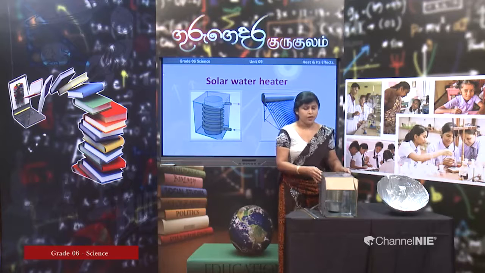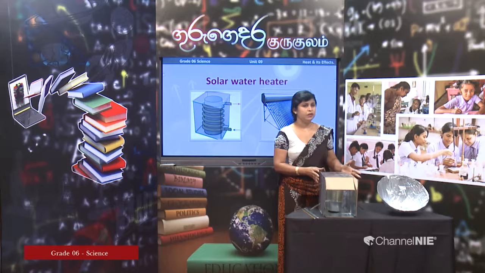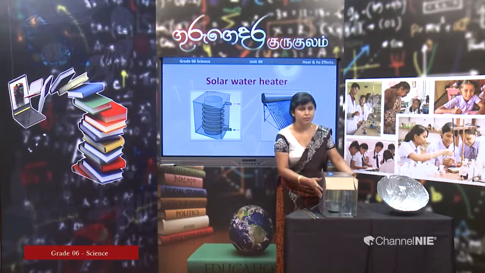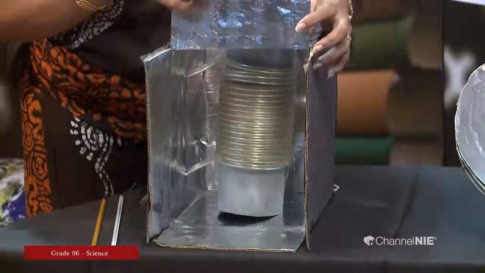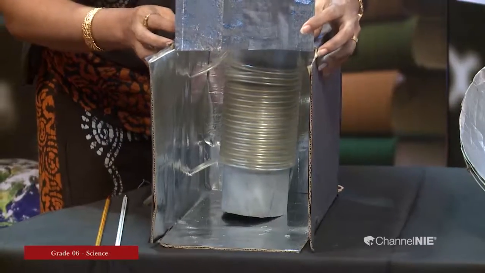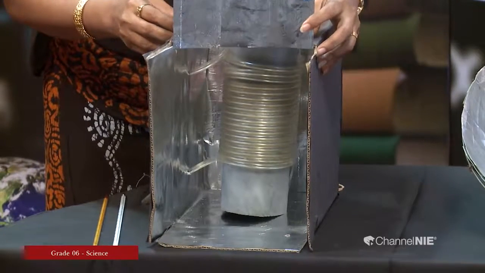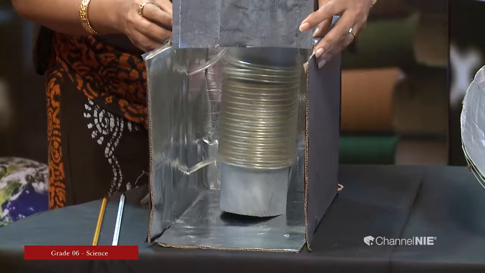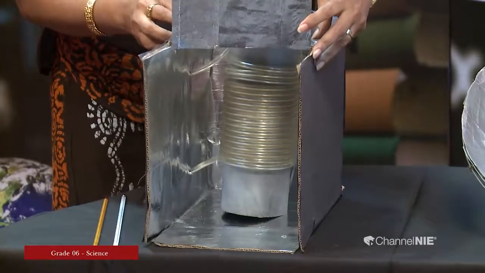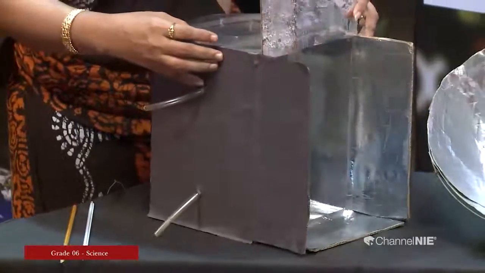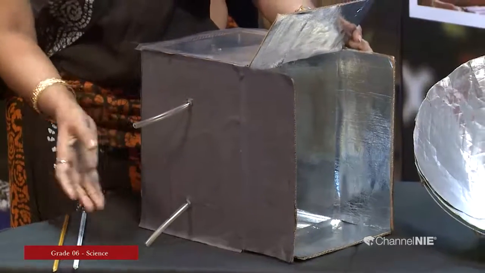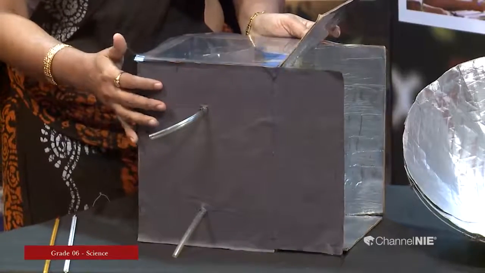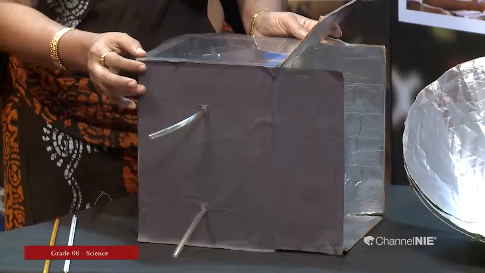Here is a model of a solar water heater. It demonstrates the action of a solar water heater. You can observe that there is a black cardboard box. Inside the cardboard box there is a PVC tube. A rubber tube is wound around the PVC tube, you can observe, and the rear ends of the rubber tube are taken out from the cardboard box as shown here. I think you can clearly observe it.